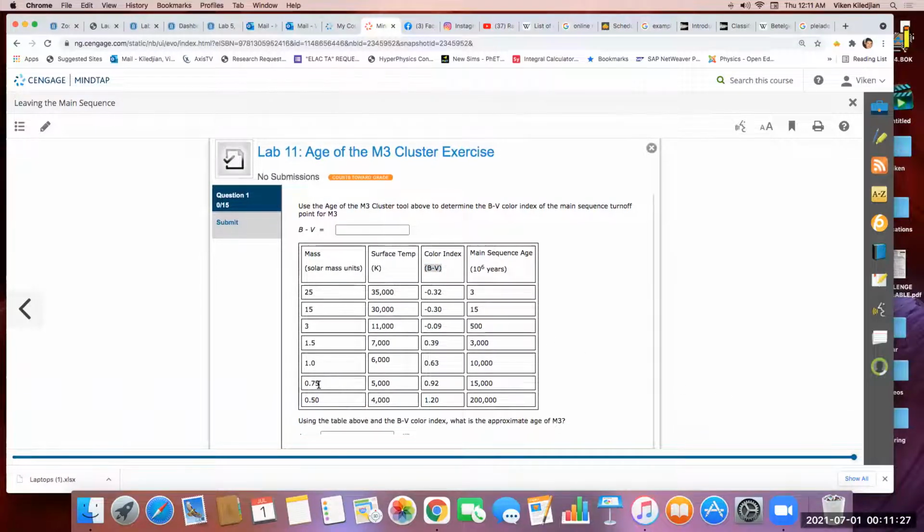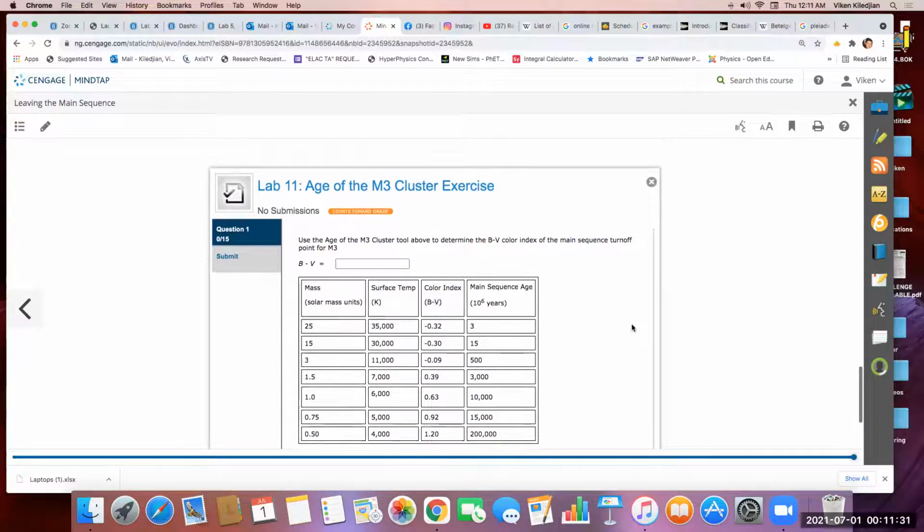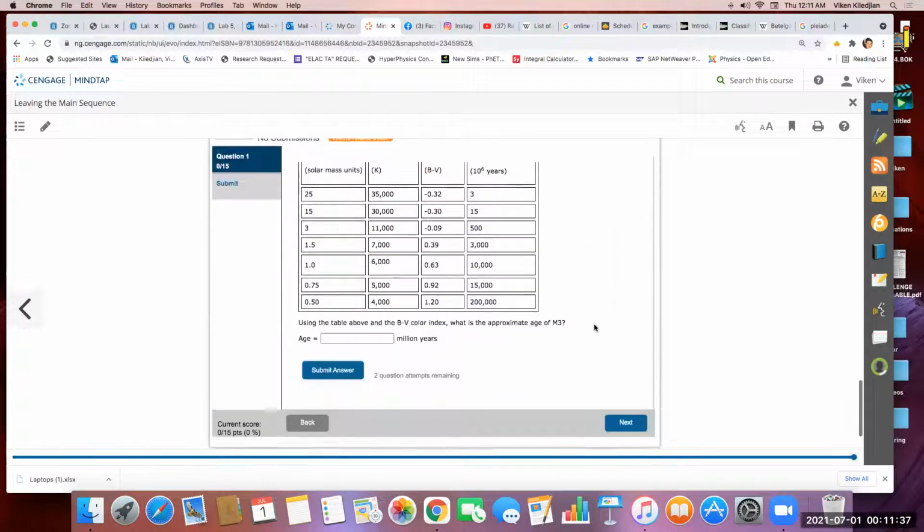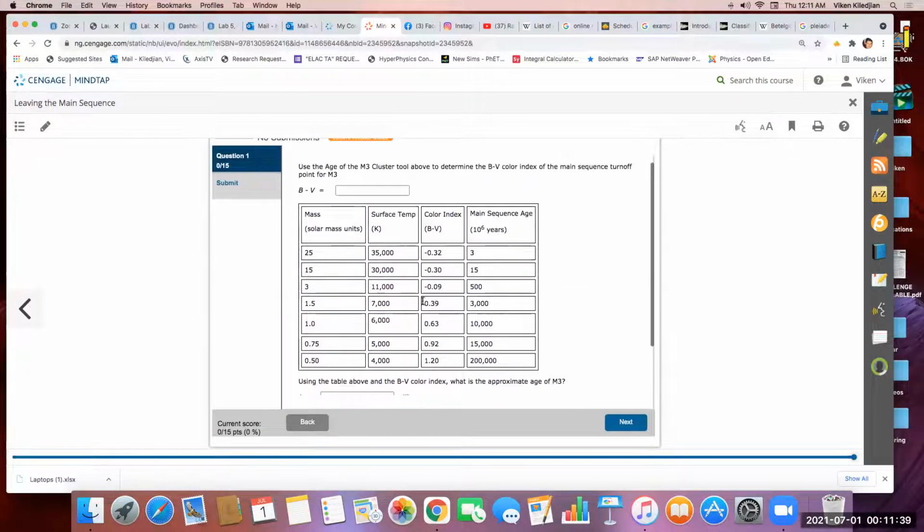Where does a BV of 0.4 go? It goes almost basically right there.